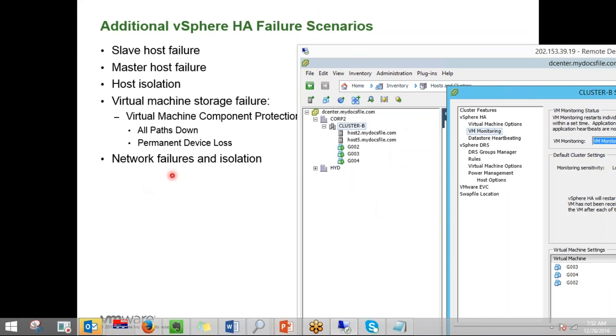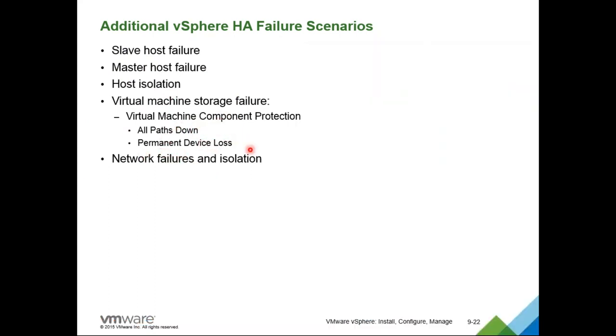Network failures and isolations I have already explained in the slave and master isolation process. If your network interface card is down on your host, or the virtual machine's network path is down and connected storage for your virtual machine, the HA agent FDM thinks the storage heartbeat is not being received from this particular virtual machine due to all paths down or permanent device loss of your shared storage.